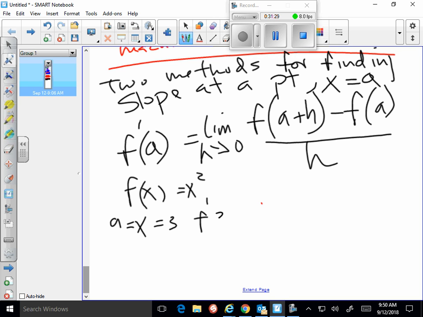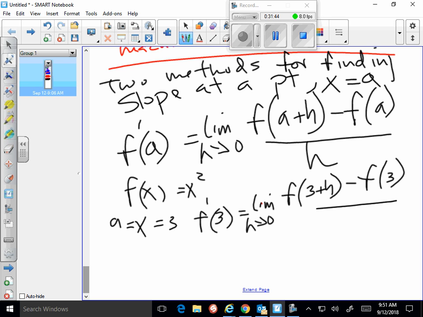F prime of 3 equals the limit as h approaches 0. And yes, you have to write the limit every time until you do the direct substitution. F of 3 plus h minus f of 3 over h. Hey, look at the difference quotient again.